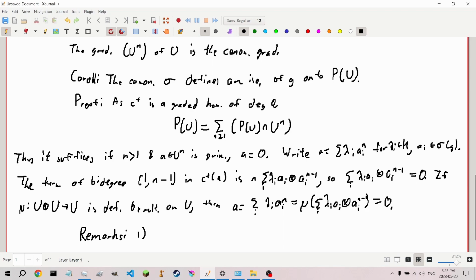Now we have some remarks. First off, we see that U sub n is the sum of i from 0 to n of U to the i.